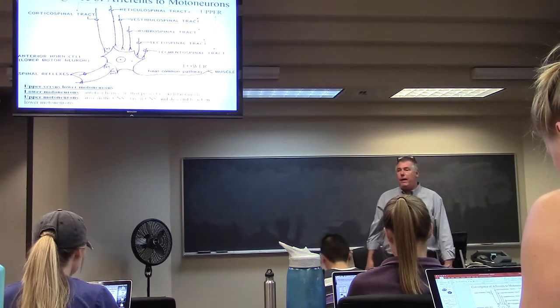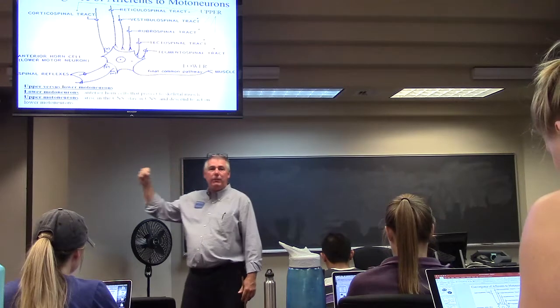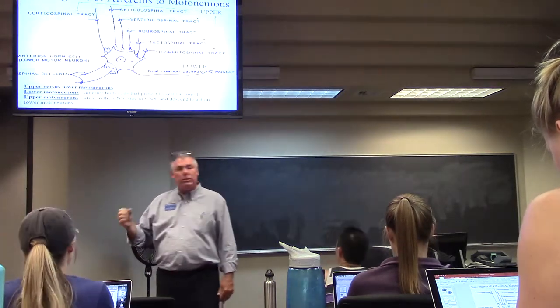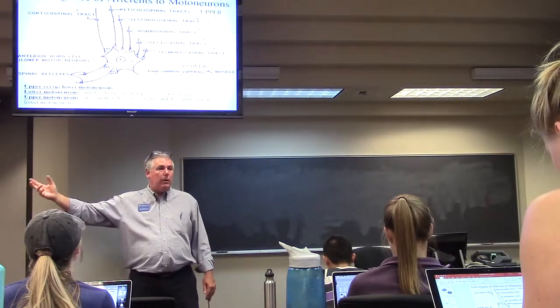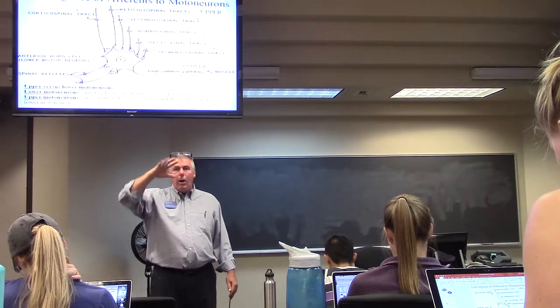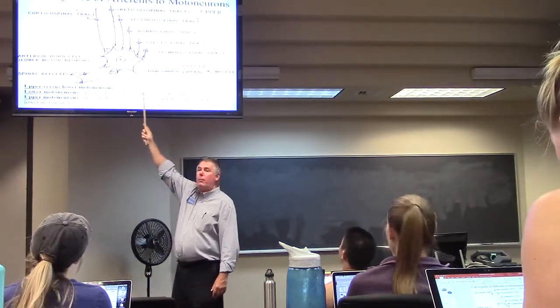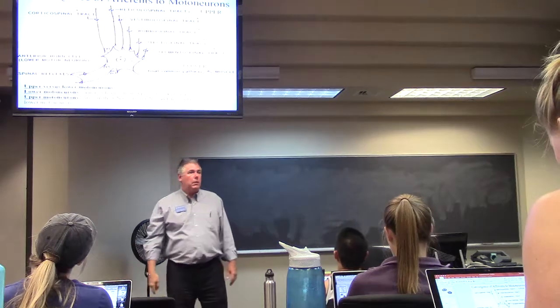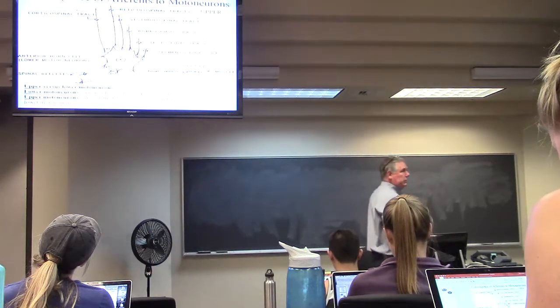So if I saw a sudden bright flash of light, I jerk my head. It's a reflex pathway to see where the light's coming from. But all of these up here come from higher centers. They're called collectively upper motor neurons.